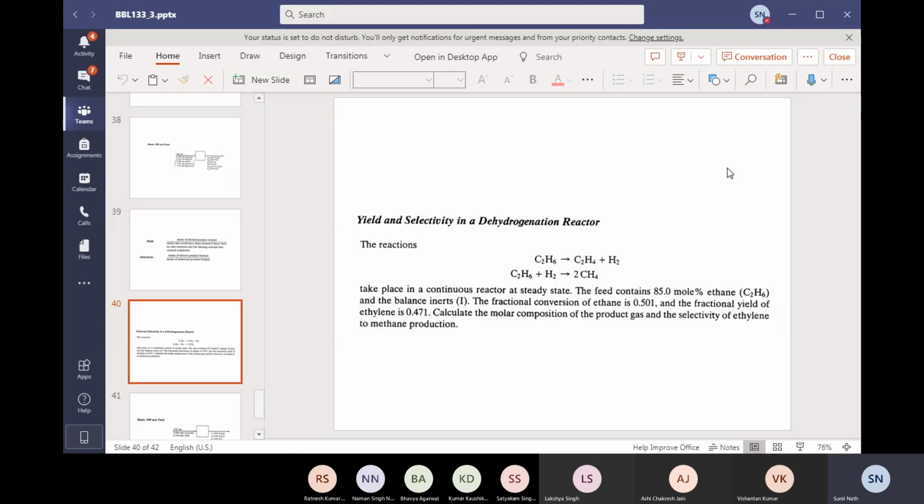Now, please write down that the molar flow rate of the feed stream, we should say, because there are also some inerts, no? It's not just pure C2H6. There are also 15 mole percent inerts. So the feed stream is, let us say, 100 kg moles per hour. So the feed stream is entering at 100 kilomoles per hour.